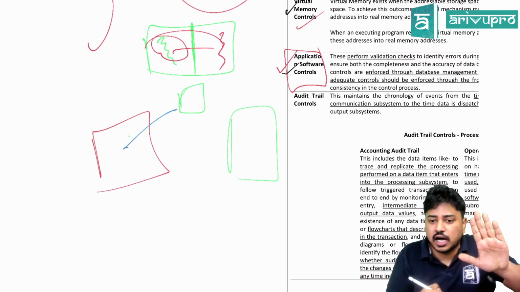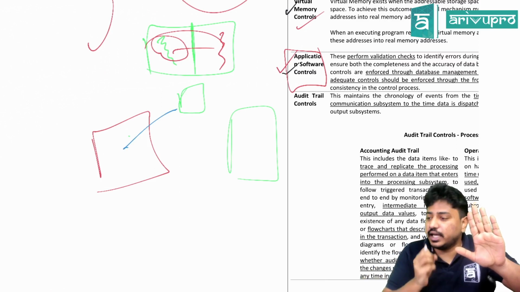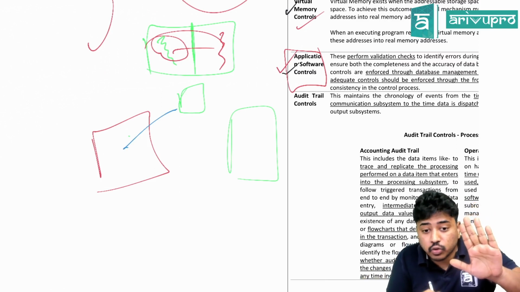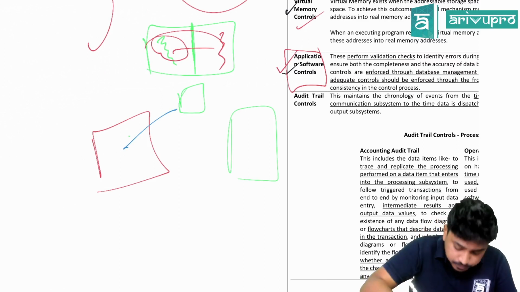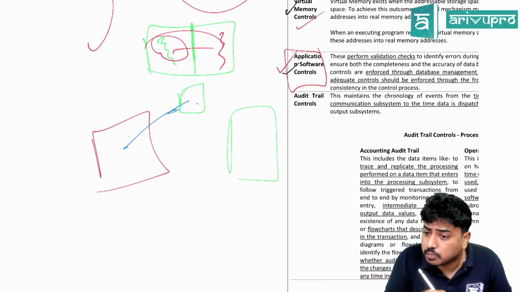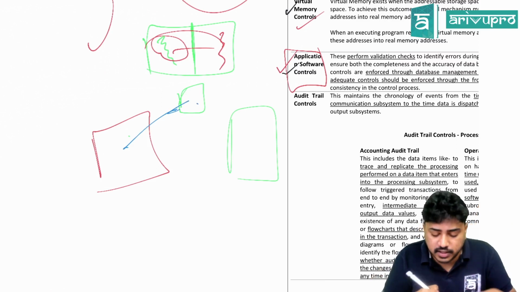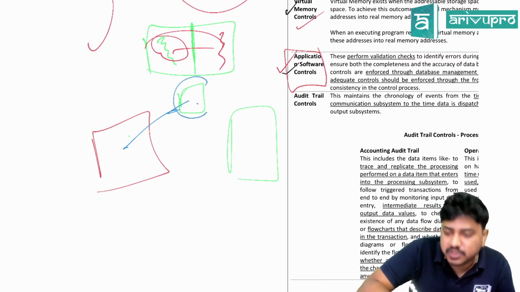Application will say, get me Kumar's detail. So he'll tell the processor to get Kumar's detail. Processor makes a mistake.